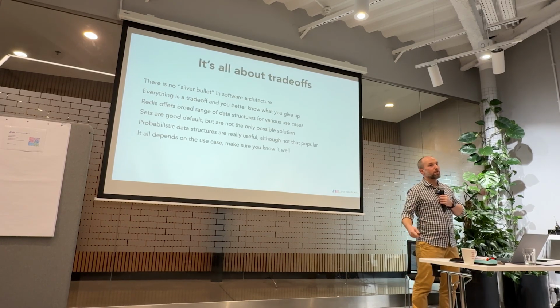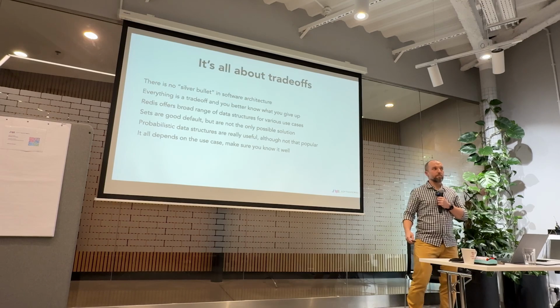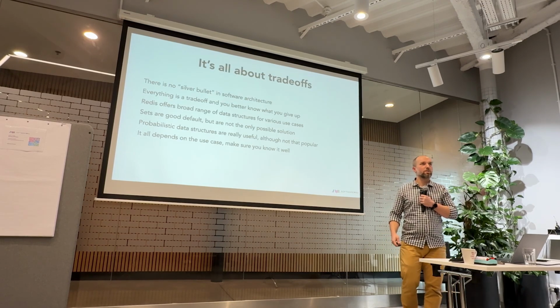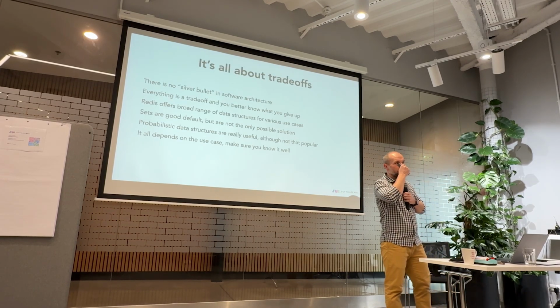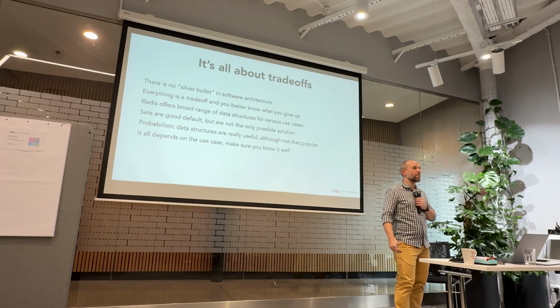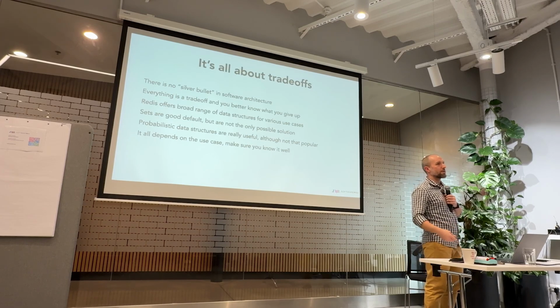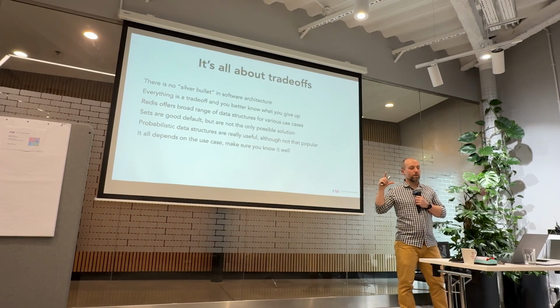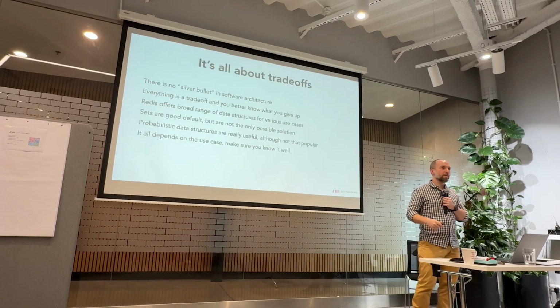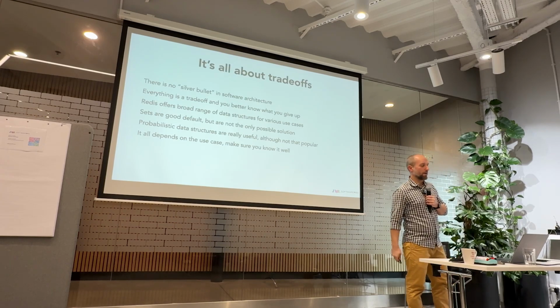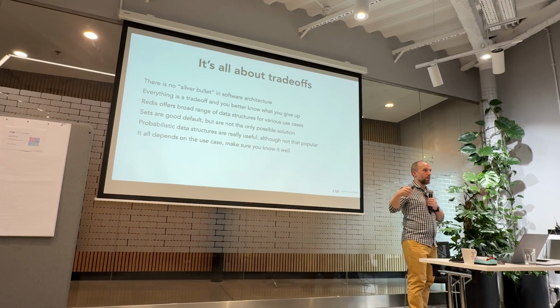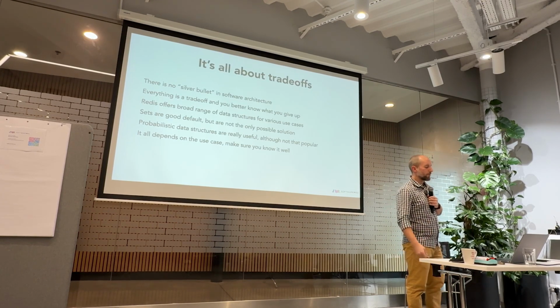It depends on the use case that you have at hand. These structures really shine if you want a certain level of confidence. You can stack them. You can do several different checks against very small, memory-efficient data structures, and get more and more confidence about the frauds that are coming to your system.